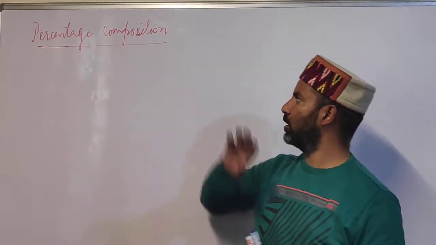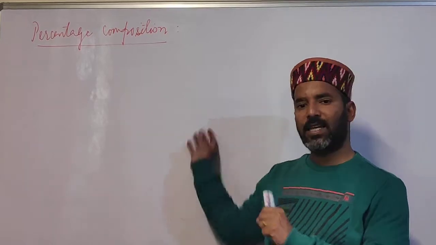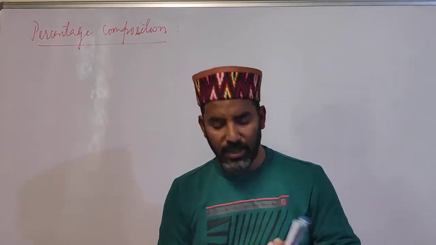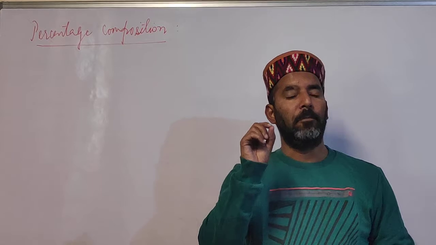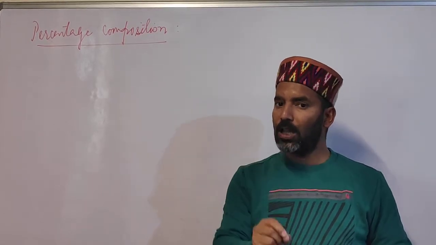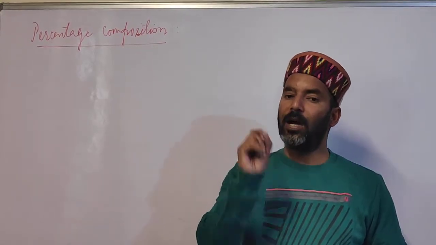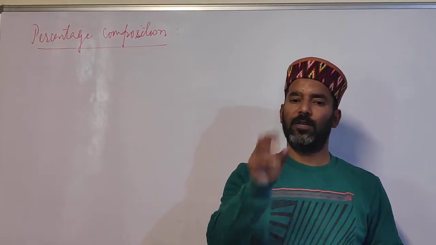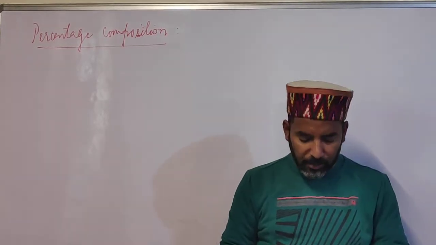So students, first percentage composition. As I said, what is percentage composition? It is the number of parts by mass of all the elements per 100 parts by mass of compound. So how do we determine it?